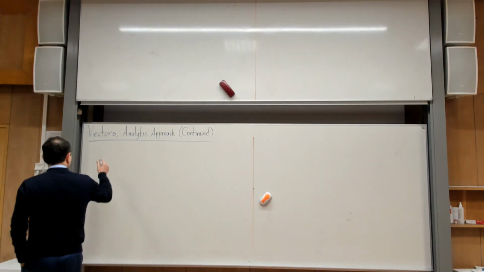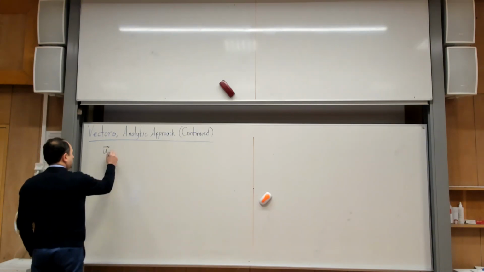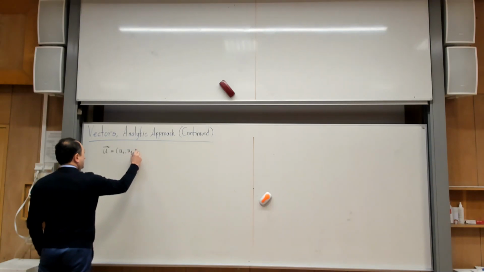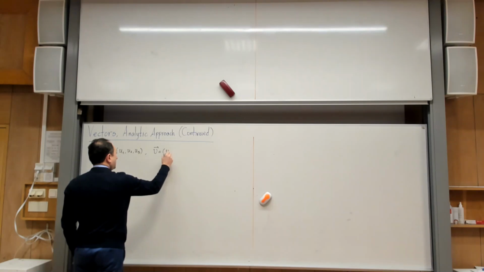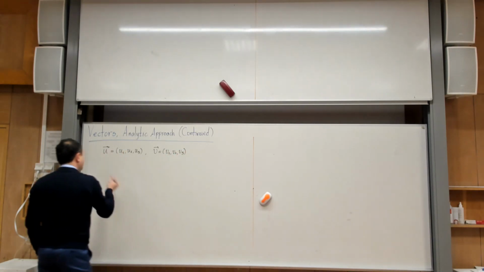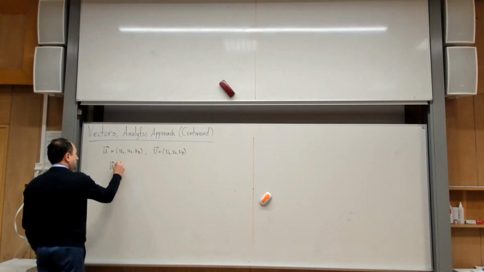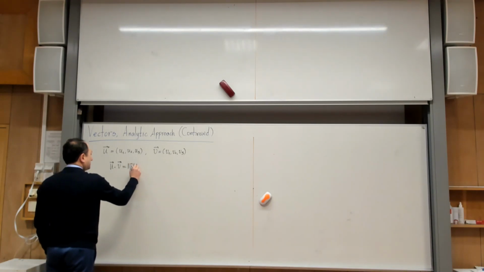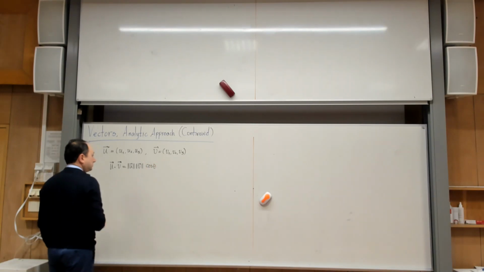Assume that you have a vector u with components u1, u2, and u3, and a vector v with components v1, v2, v3. We knew from the very beginning that u dot v is the norm of u, norm of v, multiplied by the cosine of the angle between the two vectors.